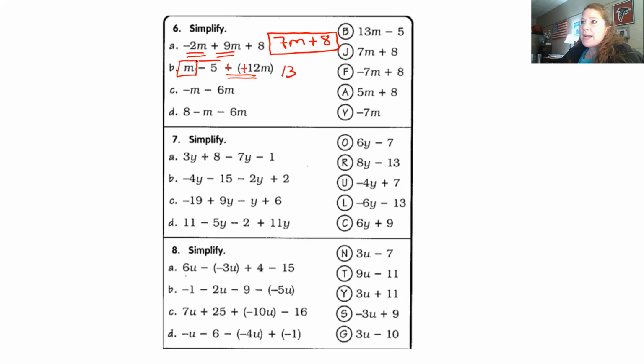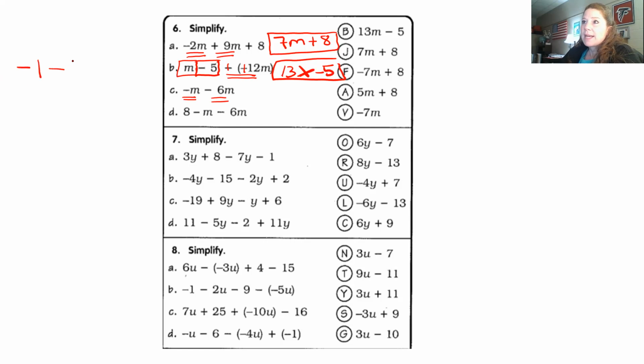And then since minus 5 is a term on its own, I have to write that as part of my answer. My pen doesn't like m's, so I'm going to do an x just because I can write an x, but it's an m, okay? So 13m minus 5.